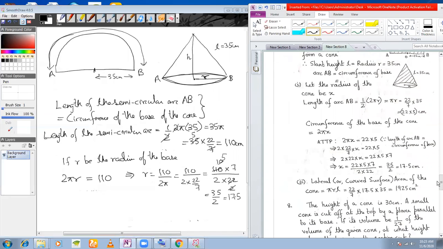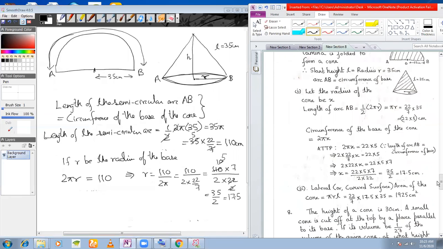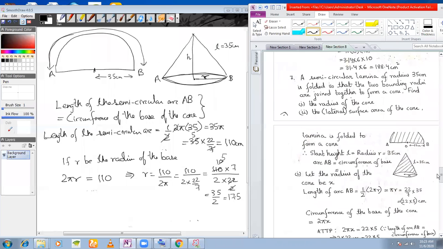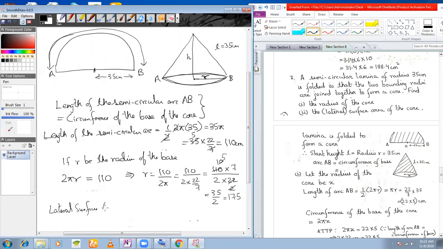The next question that we have here, once we have found part 1, the radius of the base, is the lateral surface area of the cone. Lateral surface area means curved surface area. What is the formula? Pi r l.